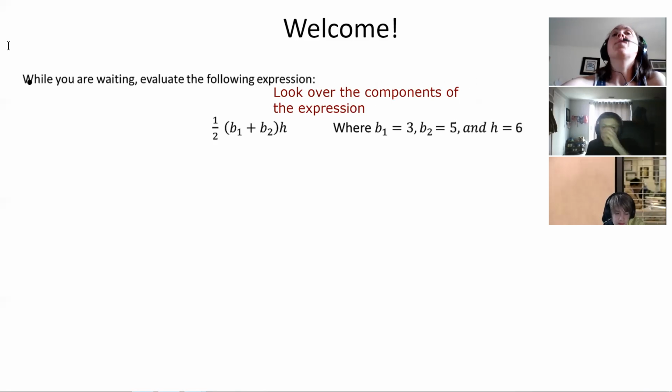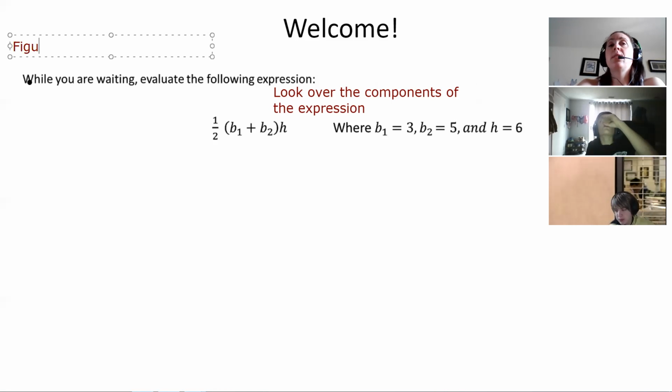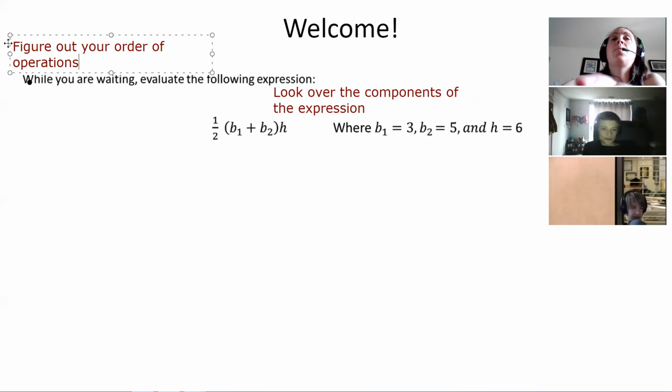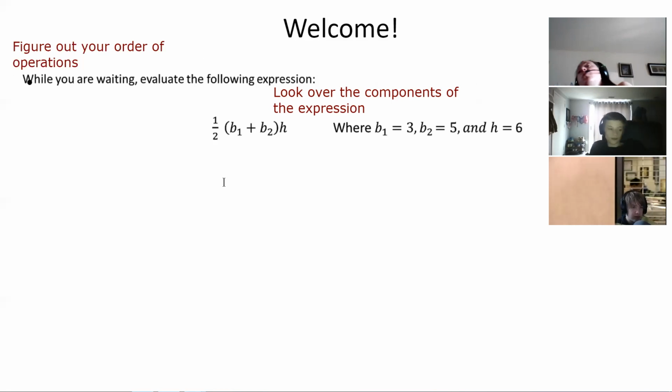Yeah. Before we figure out that order of operations, right now we really can't do much because it just says 1/2 parentheses B1 plus B2 parentheses H.